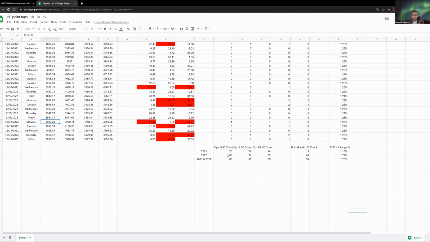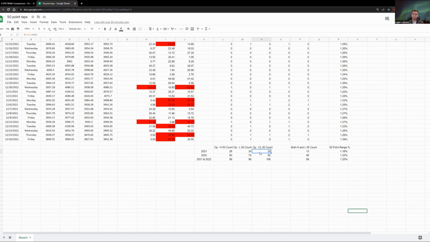Well, here's one of the things we wanted to track, and this kind of goes to show how volatile this year is. In 2021, the number of times that the market opened and went up 50 points and touched a high of 50 points above the open was 26 times, right? It touched the low 50 points below the open 24 times.